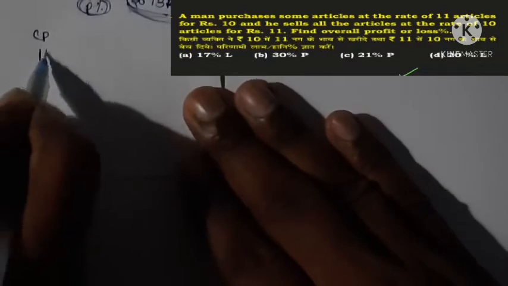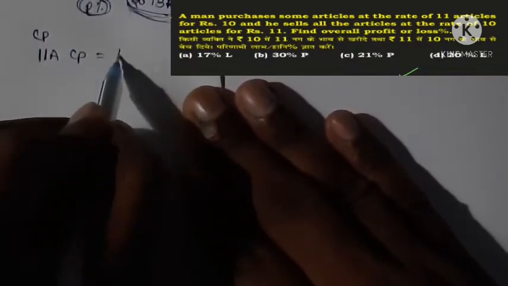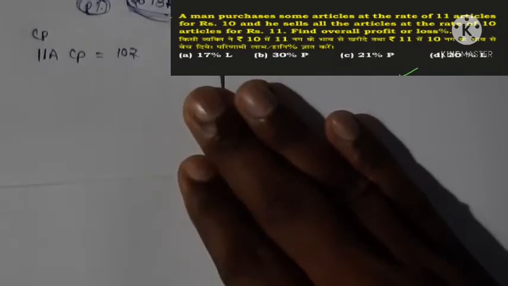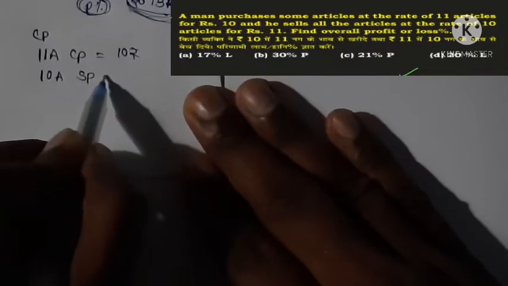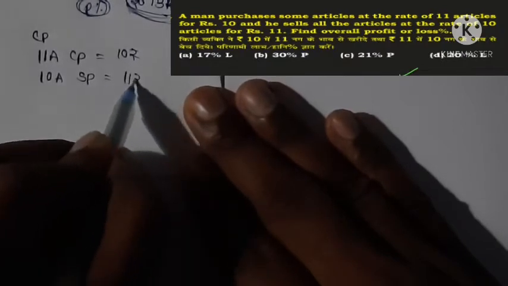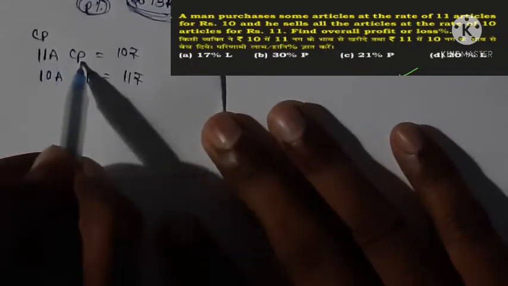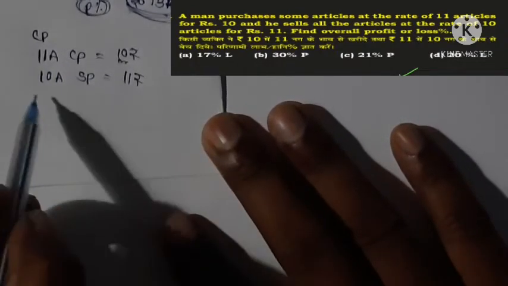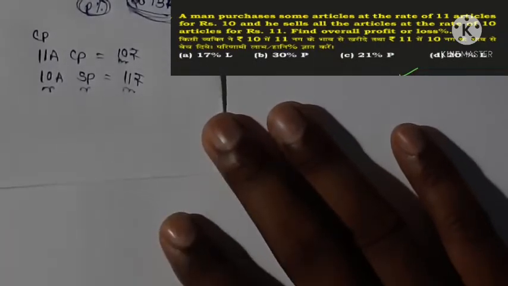Here the selling price of 10 articles is equal to 11 rupees. Here the 11 articles cost price is 10 rupees, and the 10 articles selling price is 11 rupees.